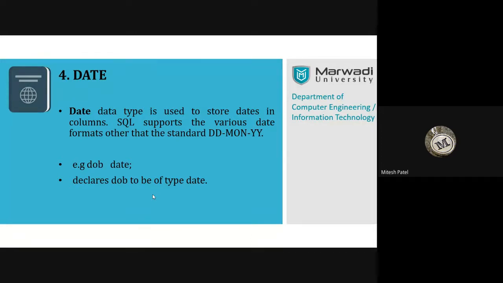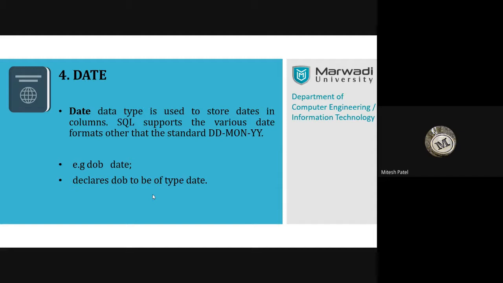Next is the date. Whenever we want to store any date, for example, date of joining, date of birth, date of death, at that time this data type is used. And as you all have general knowledge, there are so many different date formats like DDMMYY, DDMONYYYY, MMDDYY, MONDDYYYY, YYMMDD, YYDDMM.